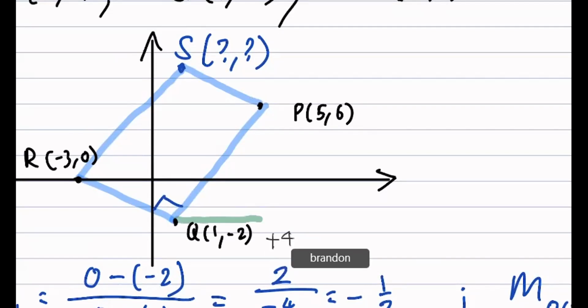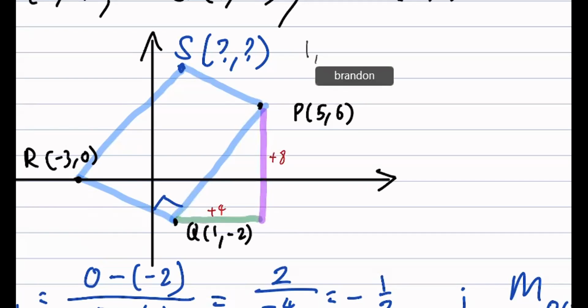Good. So the x coordinate will +4 when you move to the right. Then +8. Yes, correct. So likewise for your R to S. Exactly, that's all. It's just +4 and +8.